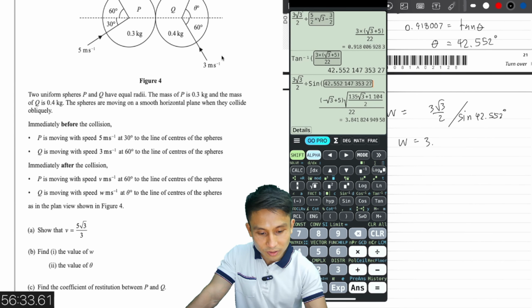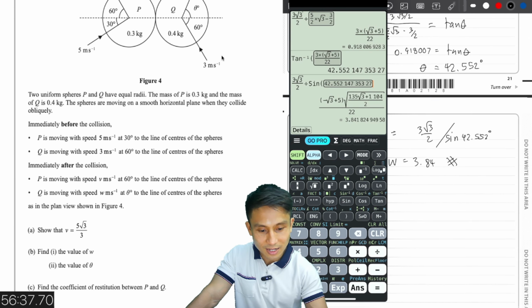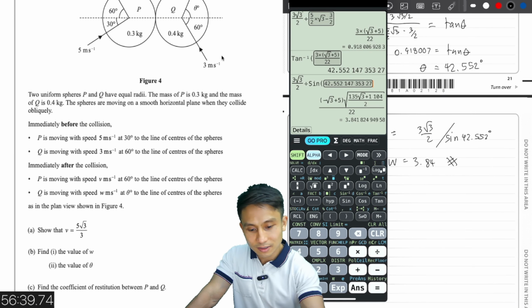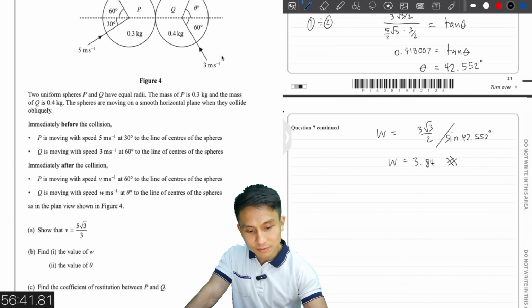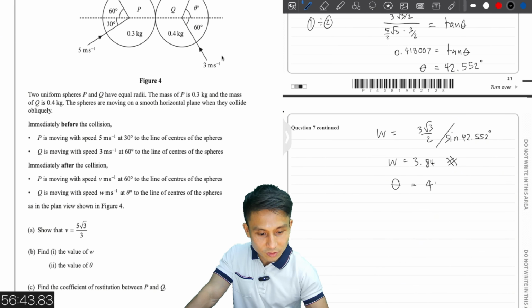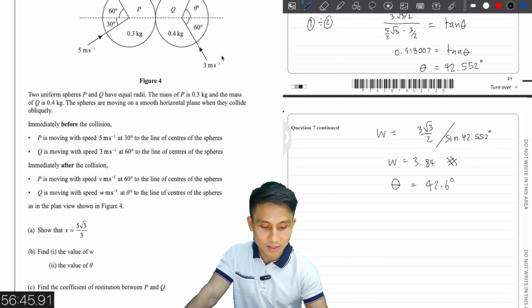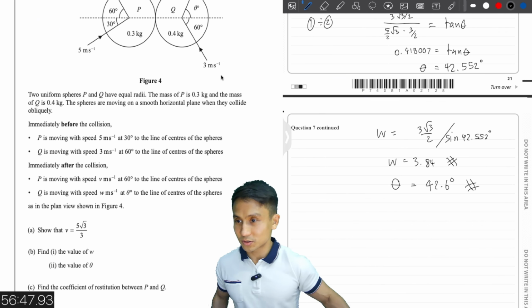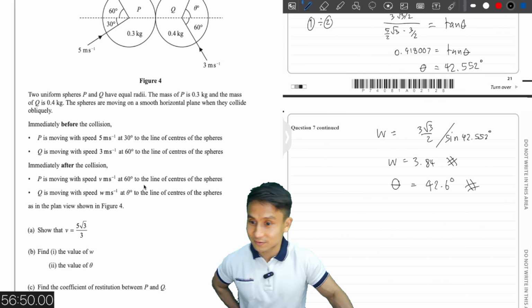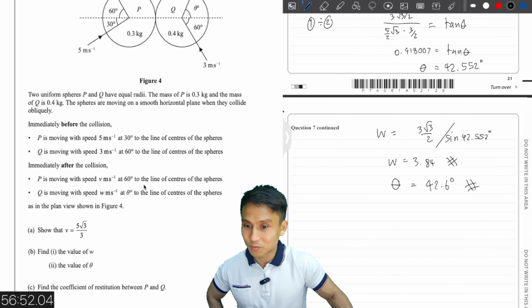So W is 3.84, and theta is just 42.6 maybe. That would be my answer for W and theta for part B.